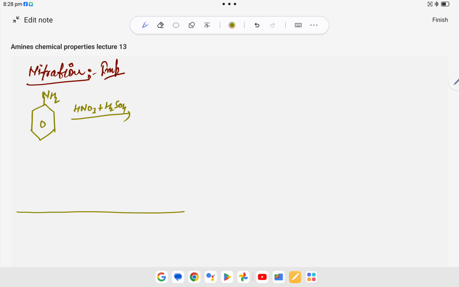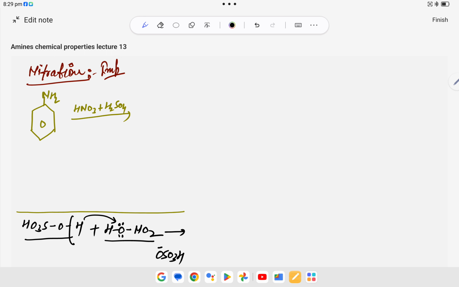How will the ion be generated? We write H2SO4, and HNO3. This is sulfuric acid, this is HNO3. Here this oxygen has a lone pair; the acidic hydrogen will be attached here. Then you get OSO3H with O minus, that species is free, and oxygen with a positive sign, two hydrogens attached, and NO2.